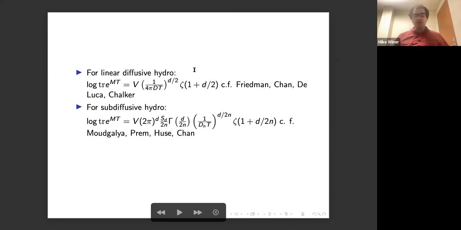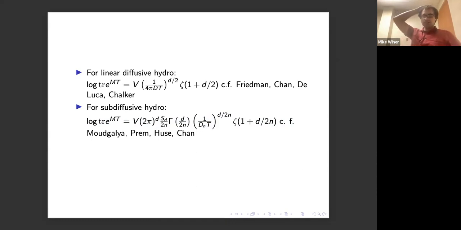Just for fun, we can do the same thing for subdiffusion, and we can also get this answer. Once again, a similar set of people have done this calculation for a Floquet system, and again gotten the same answer. So these aren't new results, but they're old results being derived in a newer, and in my view much more compact and efficient way.